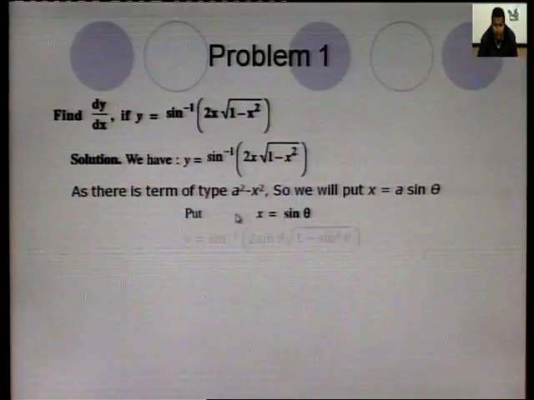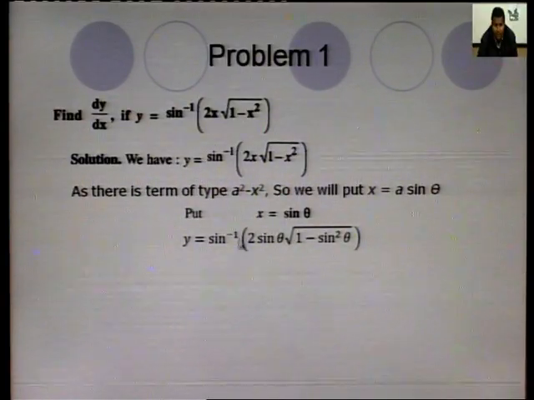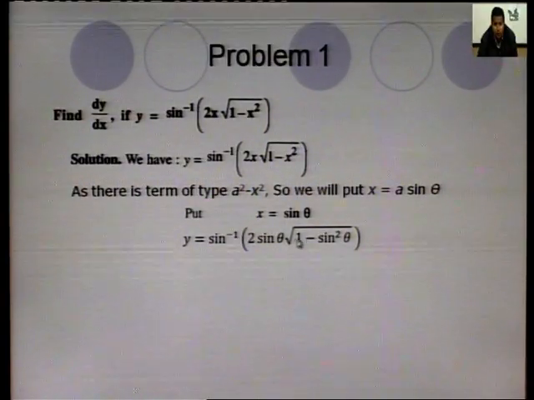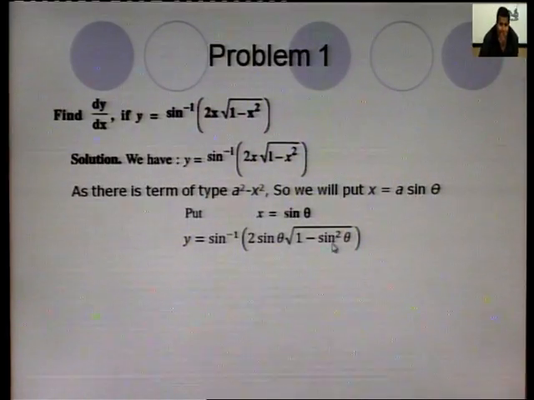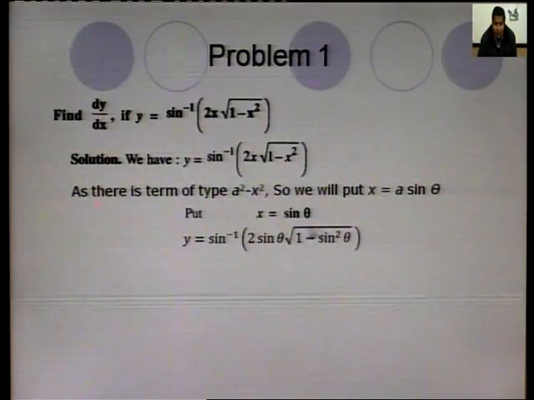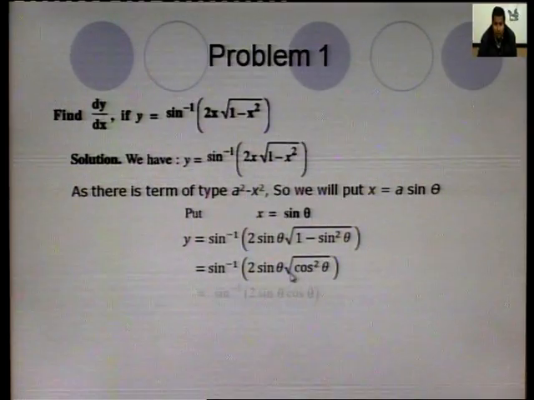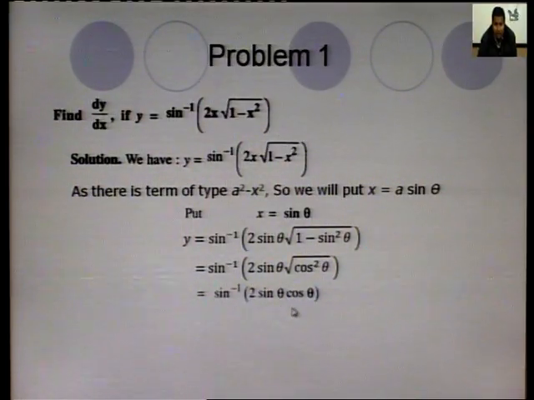After putting the value here, y will become sin inverse 2 sin theta root of 1 minus sin square theta. This term will become cos square theta, then taking the under root, this will become 2 sin theta cos theta. This 2 sin theta cos theta, as I told you earlier, will become sine of 2 theta.